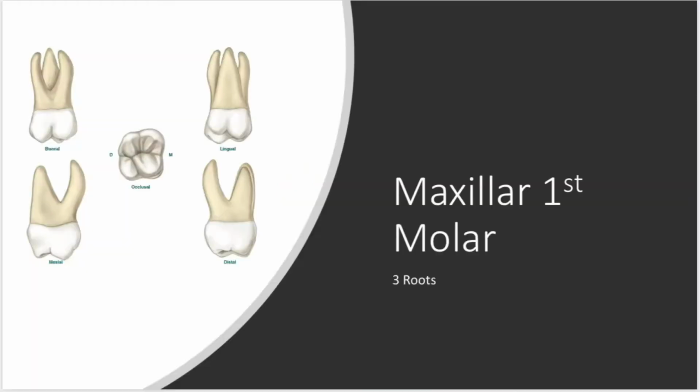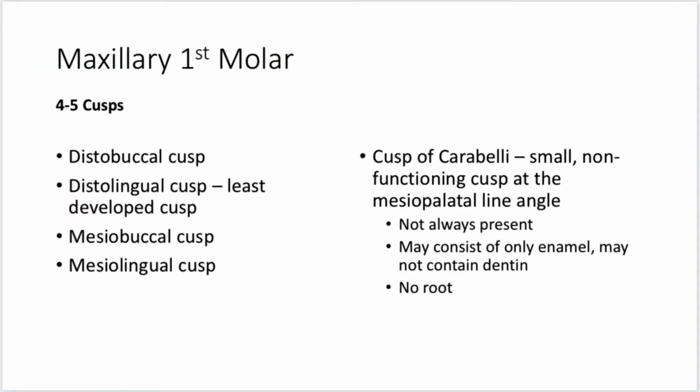Let's talk about maxillary first molars. Maxillary first molars have 3 roots. There are 4 or 5 cusps on maxillary first molars: the distal buccal cusp, distal lingual cusp, mesial buccal cusp, mesiolingual cusp, and sometimes there is also the cusp of Carabelli.